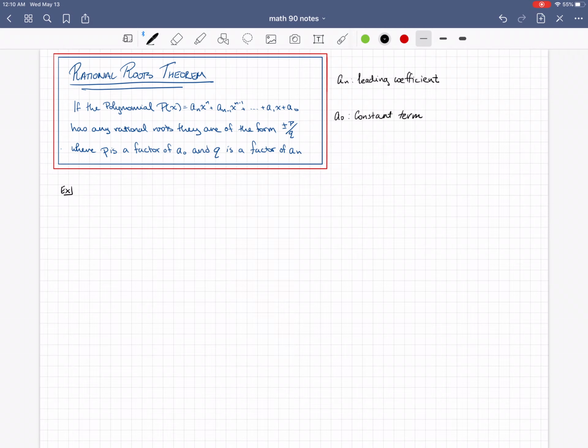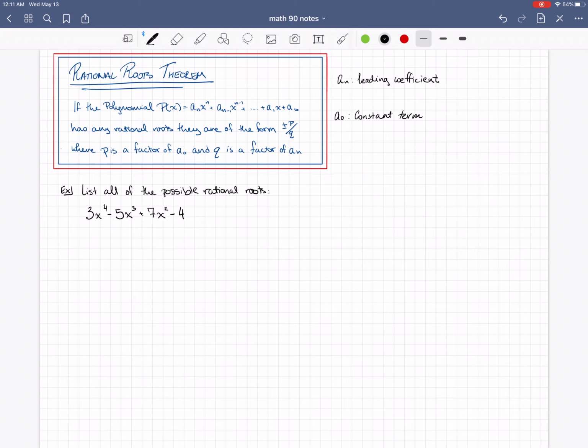So find or list, in fact, let's say list. That's a better word to use here. List all of the possible rational roots of the polynomial 3x to the fourth minus 5x cubed plus 7x squared minus 4.